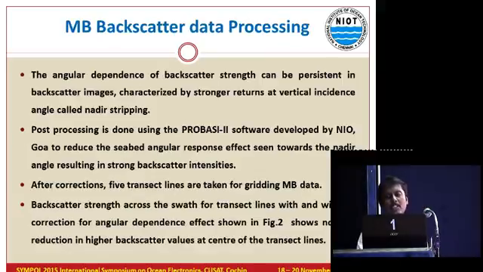Then in post-processing, I have used proprietary software by Innova because the angular dependence strength is persistent in backscatter images, characterized by strong vertical incidence angle, which is called nadir shaping. In order to remove that, we are using proprietary software which has 4 modules.